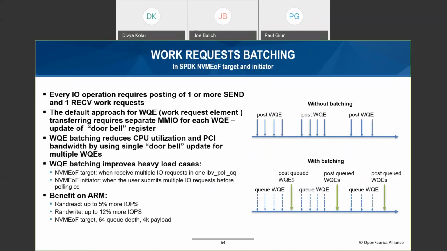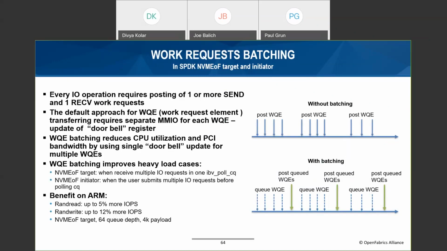So typically, every IO operation requires posting of one or more send work requests and one receive work request. In most cases, work requests are posted independently, which causes frequent updates of the NIC doorbell register and produces extra PCI transactions.